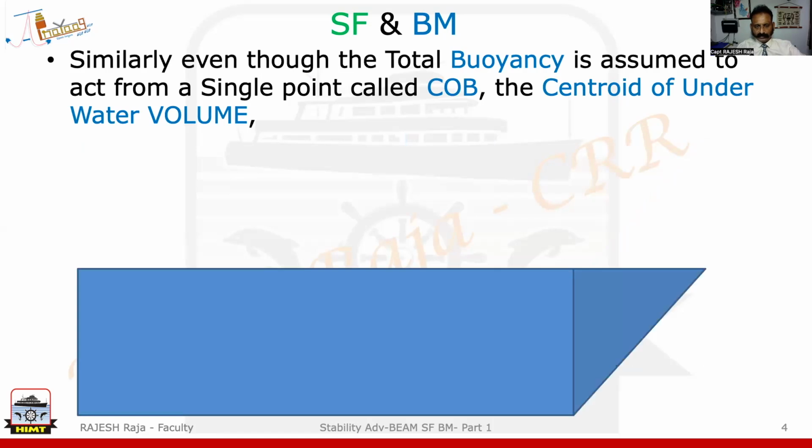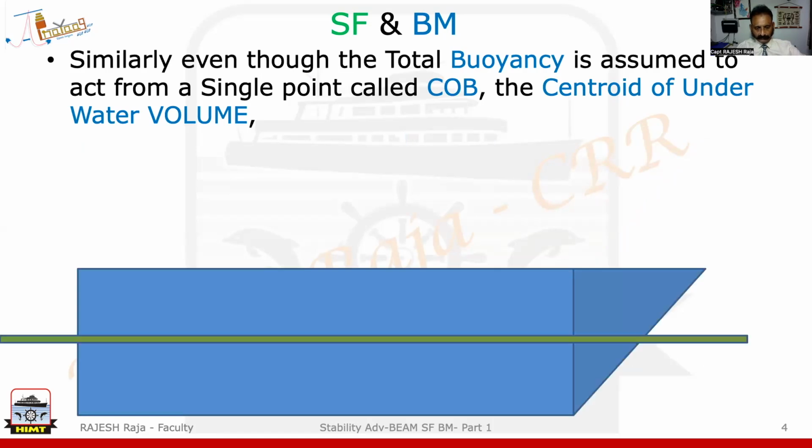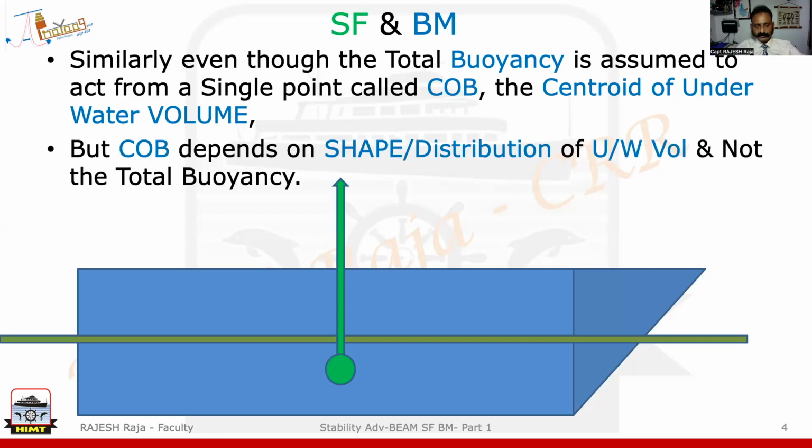Let me just show you a single point, which is your center of buoyancy. This is how normally the center of buoyancy would act. But as I said, this is also similar to center of gravity, which means the position of the center of buoyancy depends on the shape or the distribution of the underwater volume, how the underwater volume has been distributed all along. Okay? It is not on the total buoyancy.